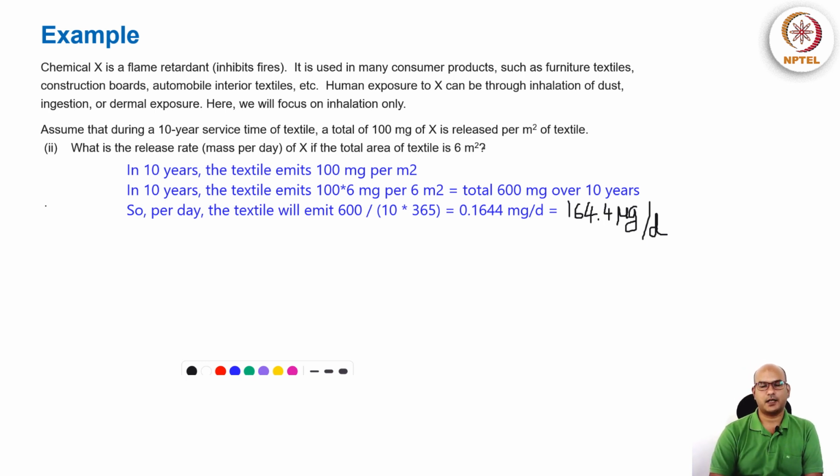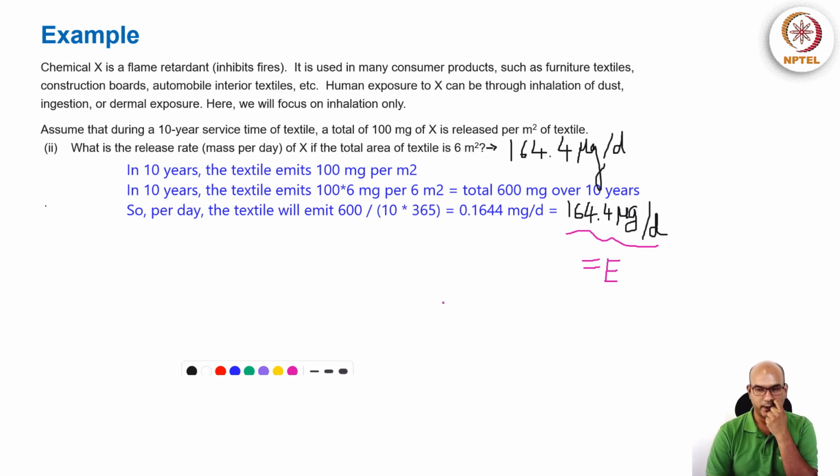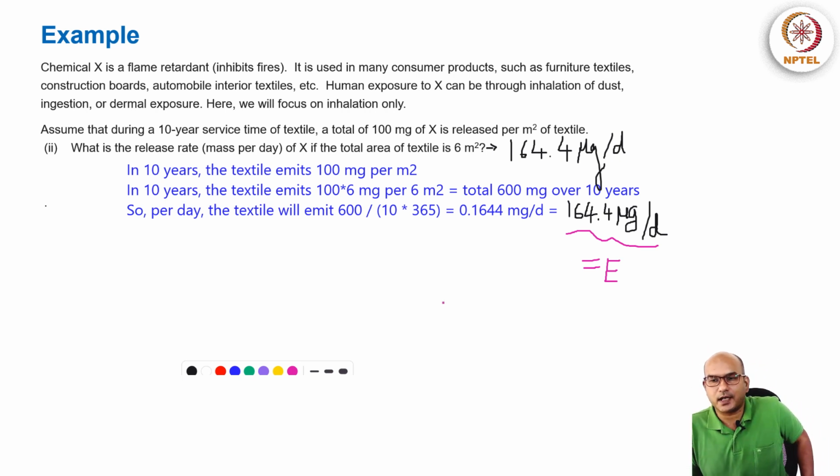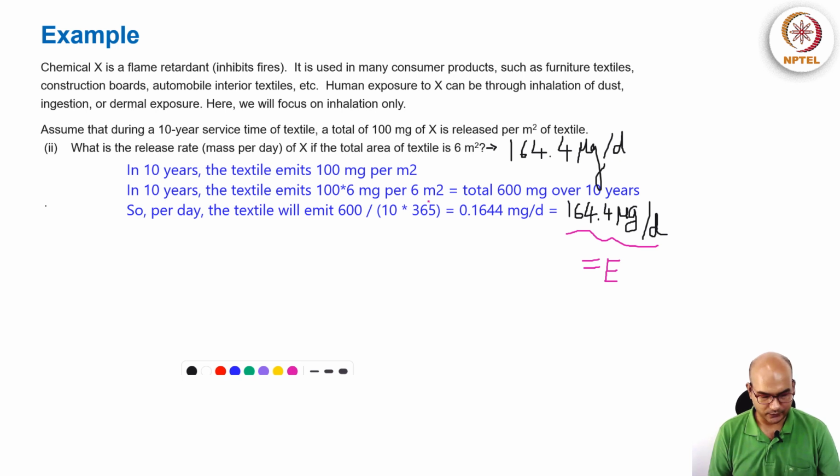So we have our answer here, 164.4 micrograms per day, and this is equal to our E value. Okay, so in our figure, we had an emission, and this is 164.4 micrograms per day.